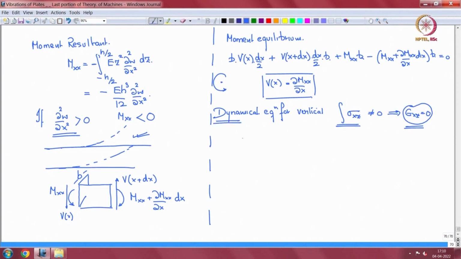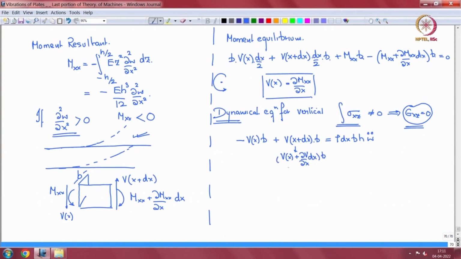Okay, so now what do we have? We have minus V of x into b plus V of x plus dx into b. That now gives me density, length of the element, width of the element, height of the element into acceleration. If I do a Taylor expansion, I get V of x plus del V by del x dx into AB.